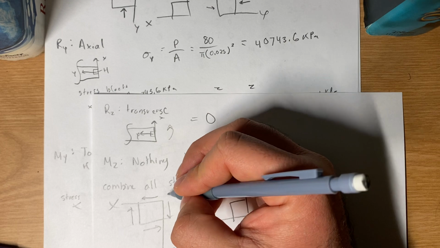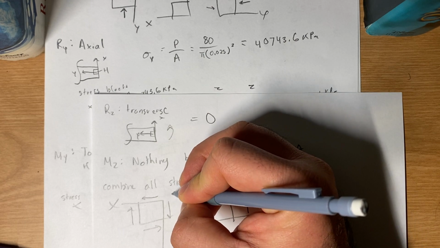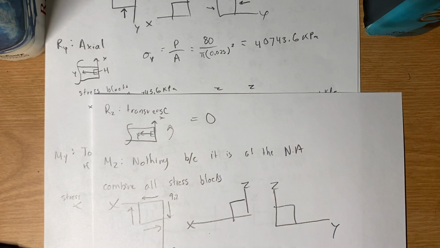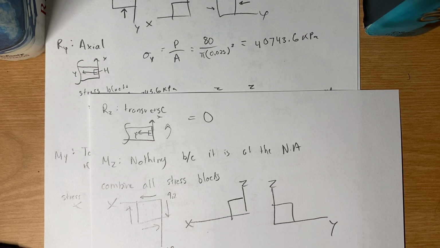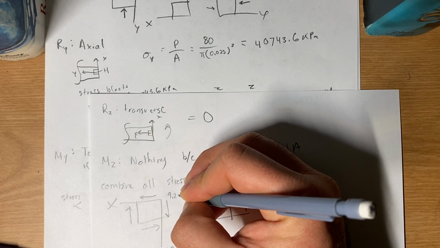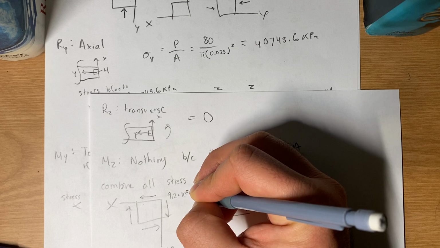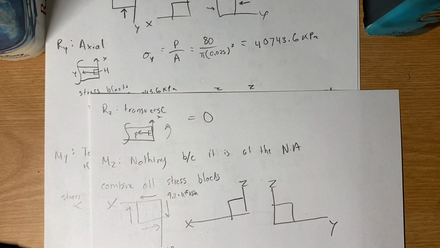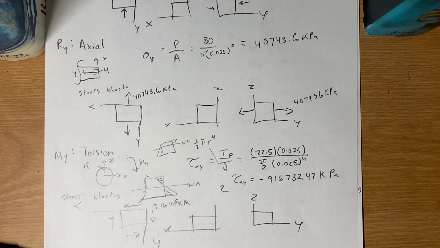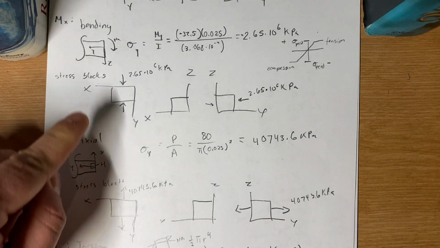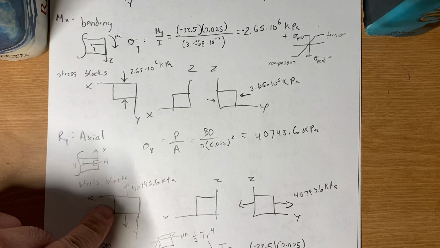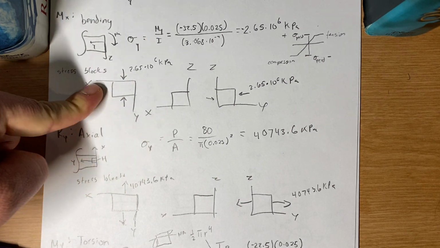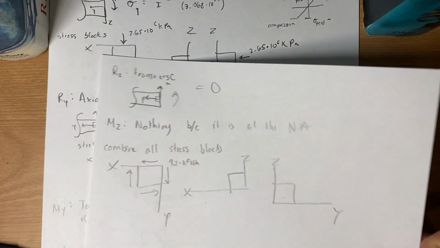But if you add them, you actually get a value of 9.2 times 10 to the 5 kilopascals. And then say this one and this one, this one's positive, so it's this one plus this number, which is a negative.